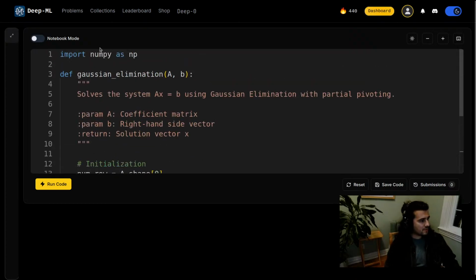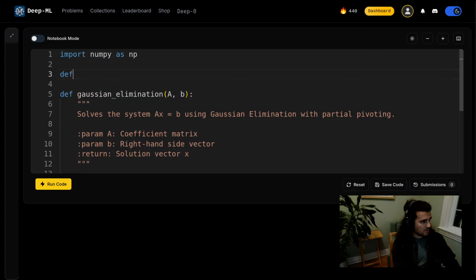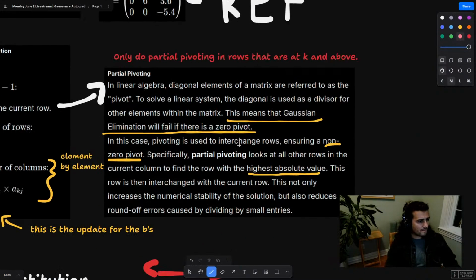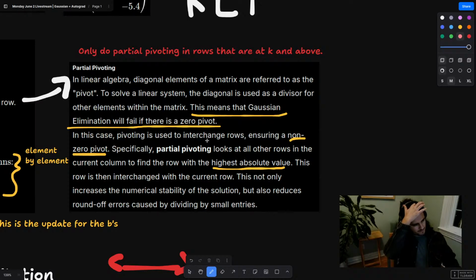So the partial pivoting, I'm just gonna make another function here. Def partial pivoting. I'm gonna give it the matrix. I'm gonna give it a k, right?